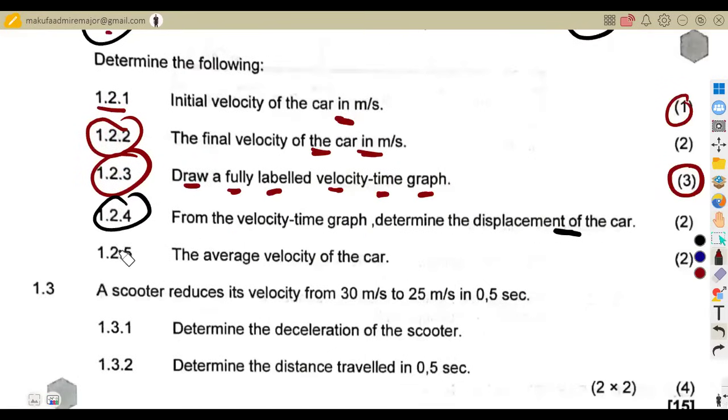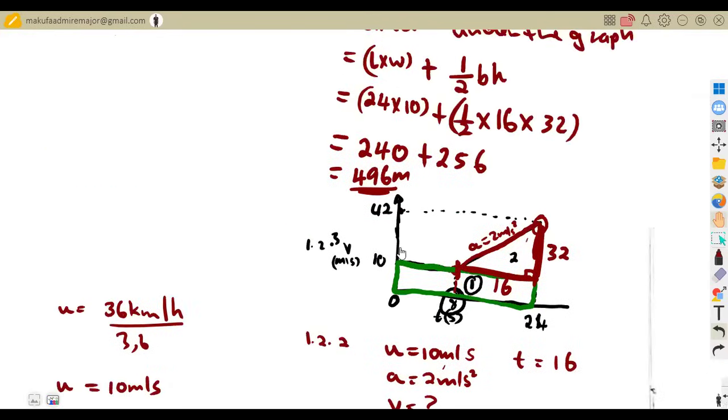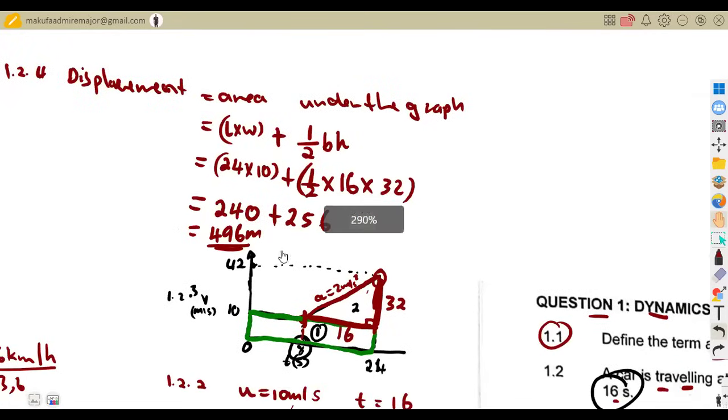Then the last part on this diagram is to find the average velocity of the car, which is 2 marks. So the average velocity, remember from our definition, is the total displacement over what? The total time. So we calculated the total displacement in this case of our car, which is 496.